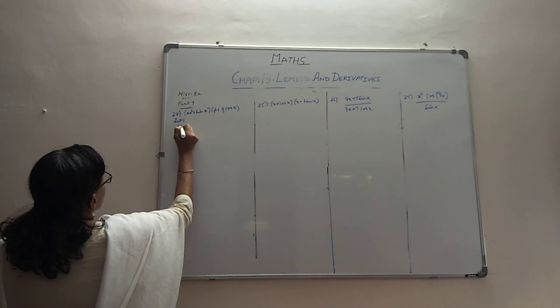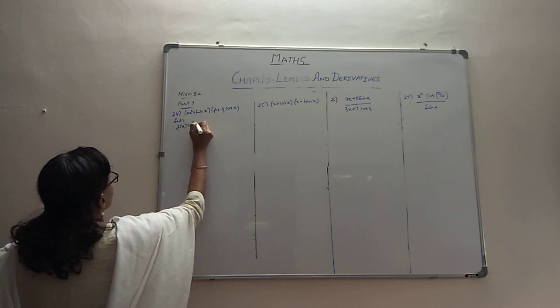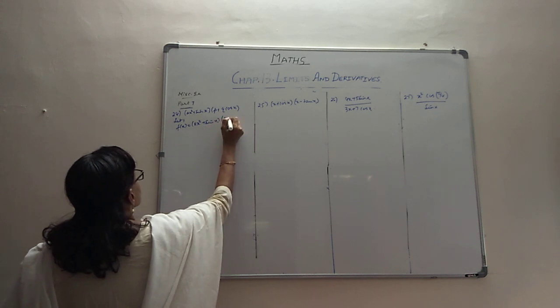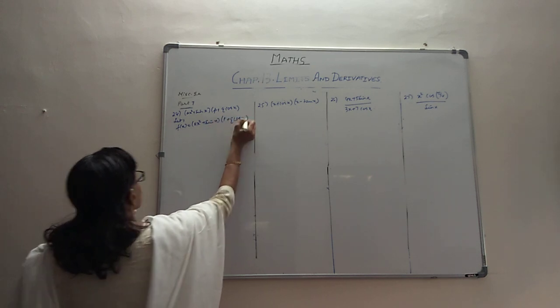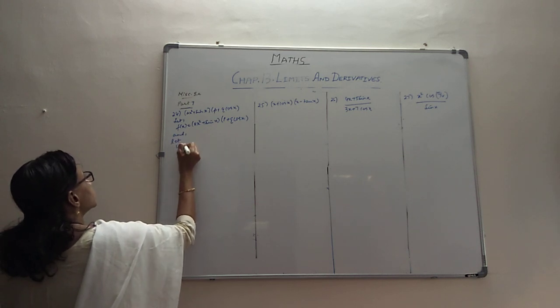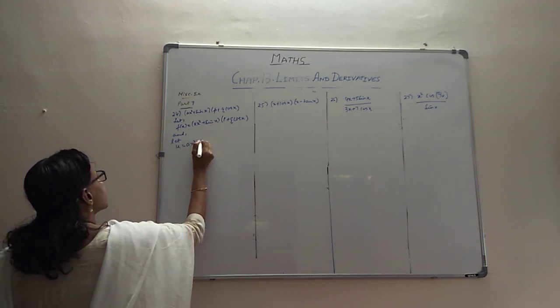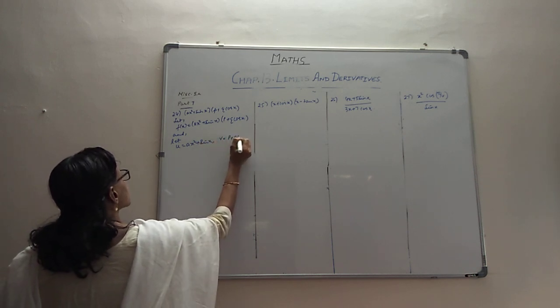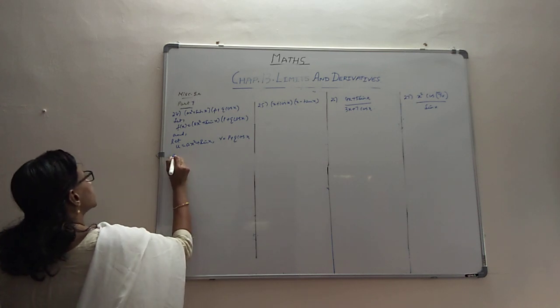The 24th problem: let's call f of x as (ax squared plus sin x) into (p plus q cos x). For our convenience let's call u as ax squared plus sin x and let v be p plus q cos x. So we take the derivatives.